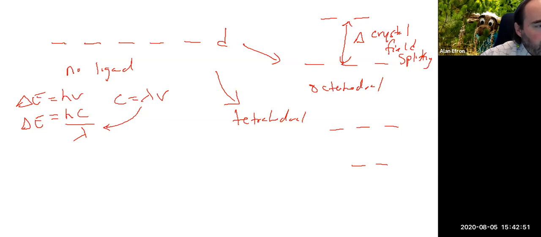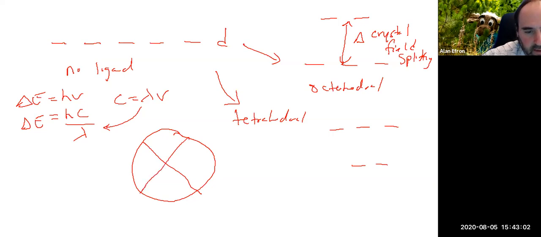Now we also talked about the color wheel, if you will. So for example, if this was red, this was orange, this was yellow, we'll call this green, and we'll do blue and purple.